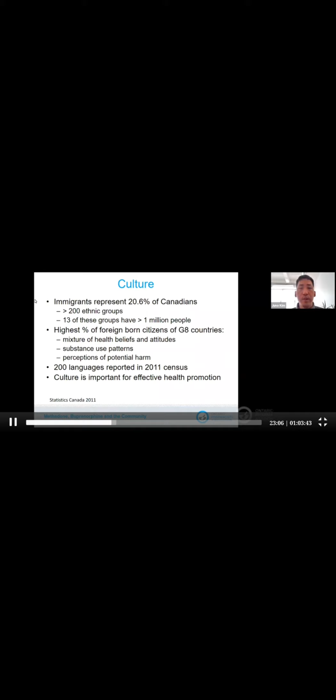When we're looking at different cultures in Canada, it's important to know that immigrants represent up to 20% of all Canadians. There are greater than 200 ethnic groups, and there are over 200 languages reported from the 2011 census, and culture is important for effective health promotion.